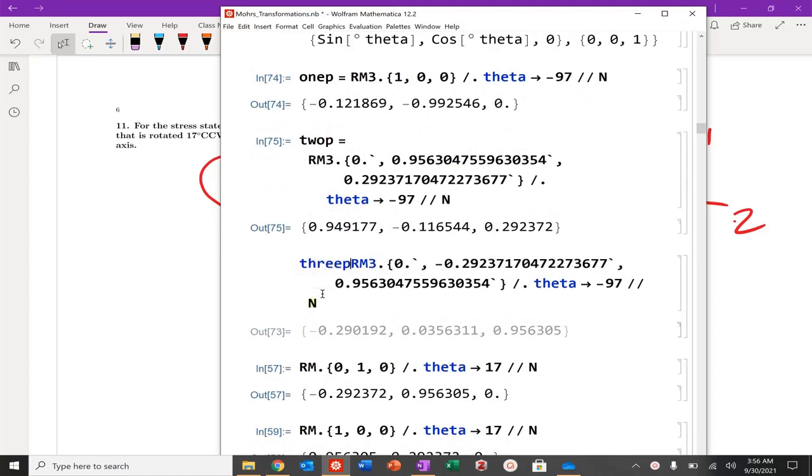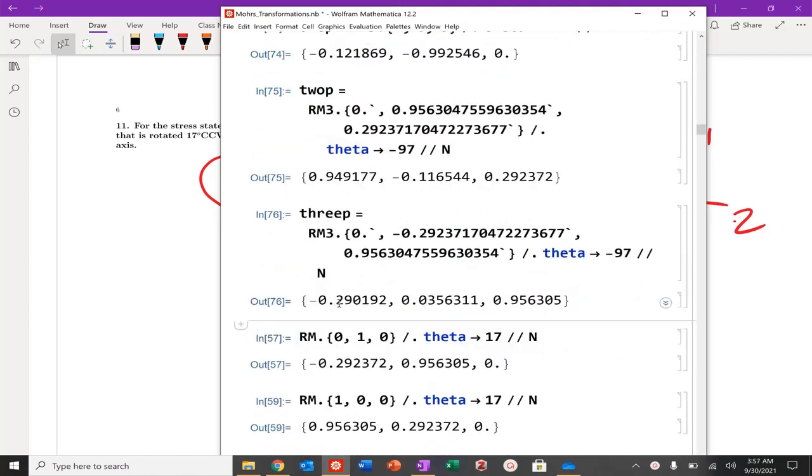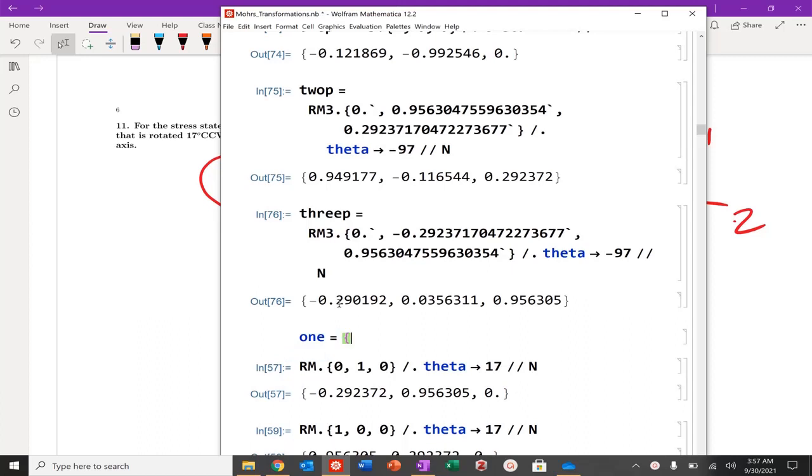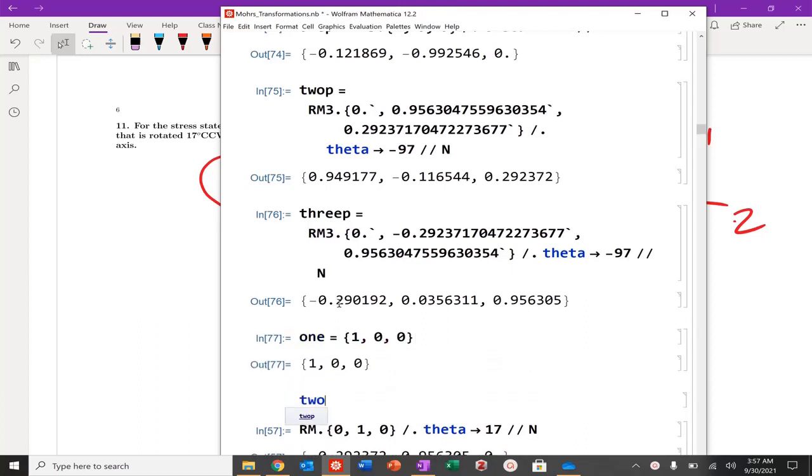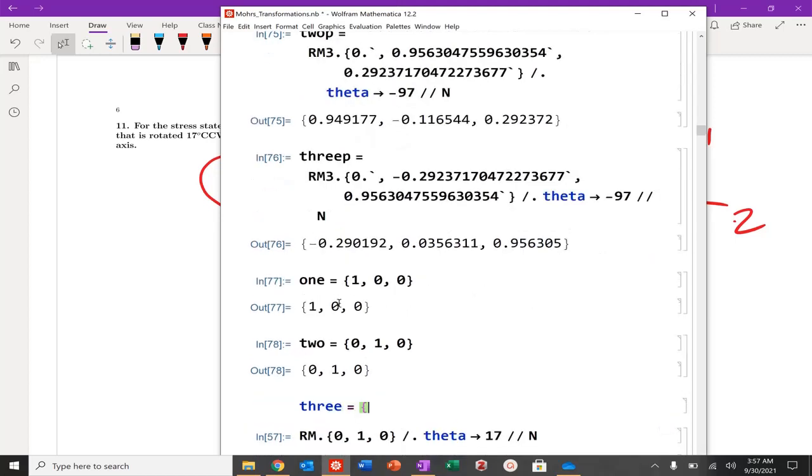So 3 prime. And then I'm also going to do 1 is 1, 0, 0, and then 2 is 0, 1, 0, and 3 equals 0, 0, 1.